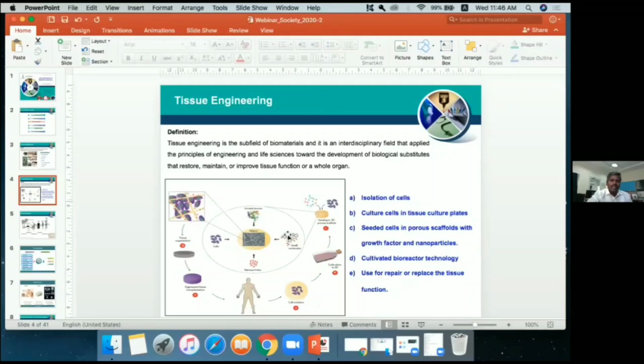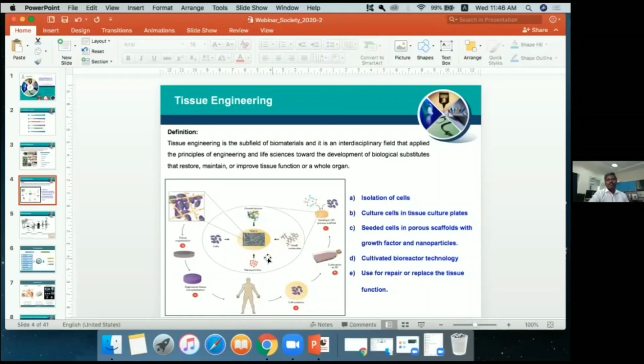This is the exact procedure for tissue engineering. We need a matrix, growth factors, stem cells, nanoparticles, and small molecules. Once you have made that, finally we can develop a mimicking structure of artificial tissue, which can be used in the defect area or the diseased portions.